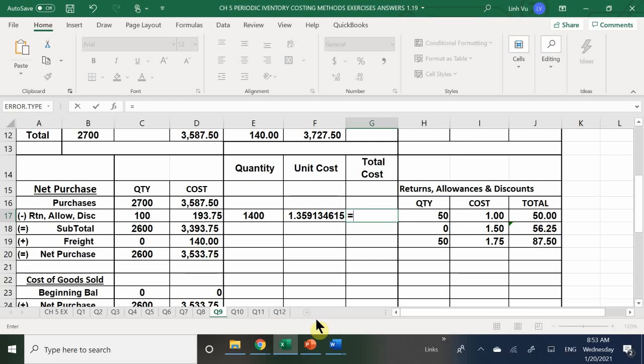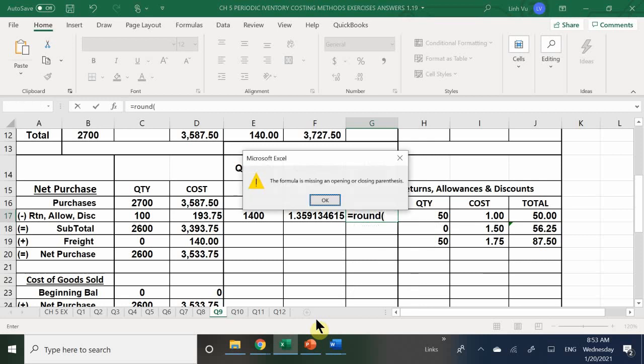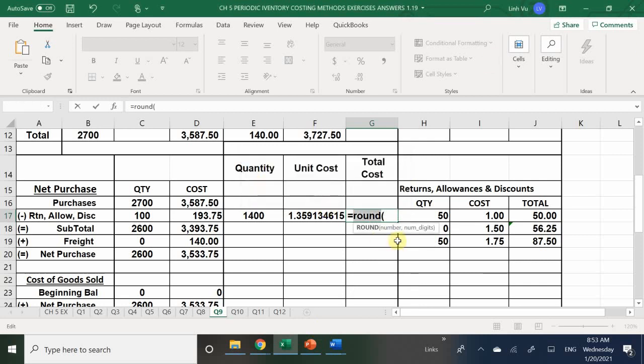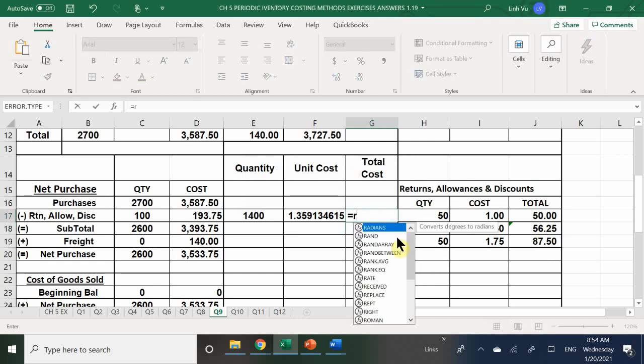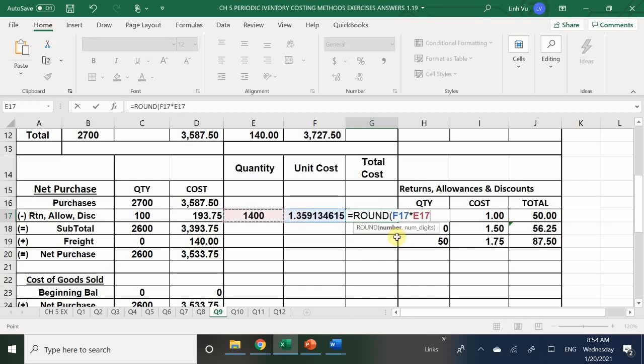It doesn't matter how many we sell, they're all going to be the same price. So I'm going to throw in my equal round formula. Okay, so let me do that again. So equal round. Okay, so what is my total cost of goods sold for selling all 1,400 items? 1902.79.